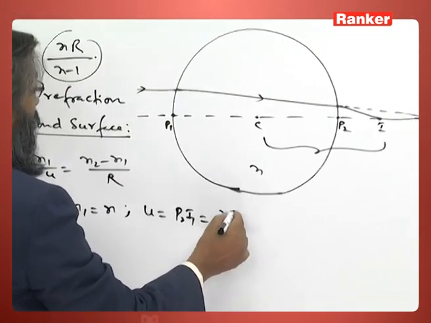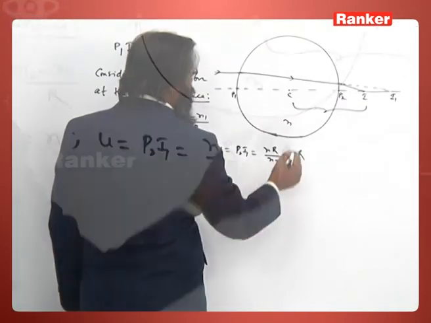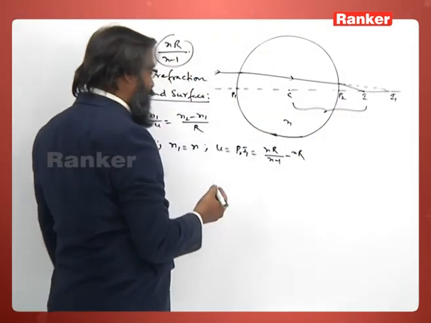So we have nR by n minus 1 minus 2R. This distance has to be subtracted.